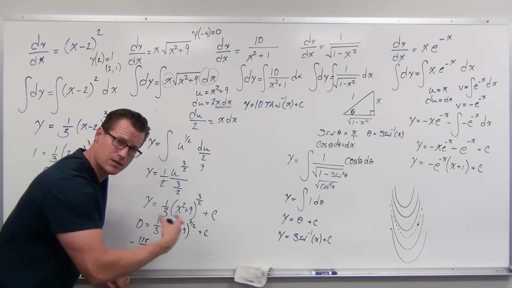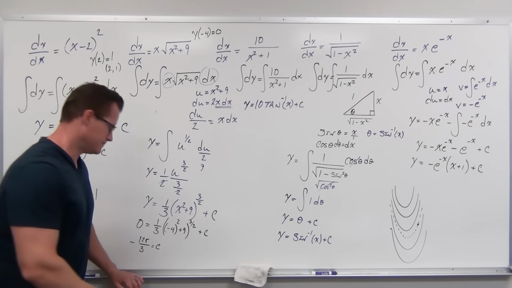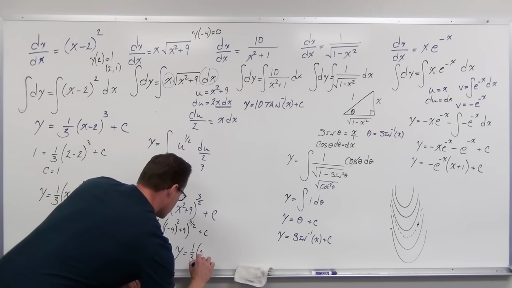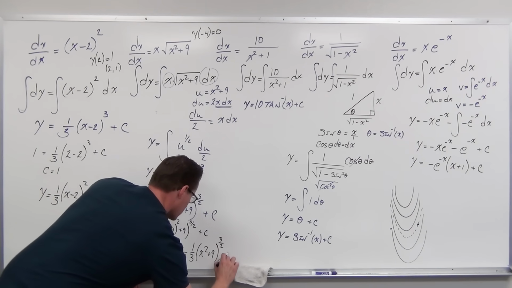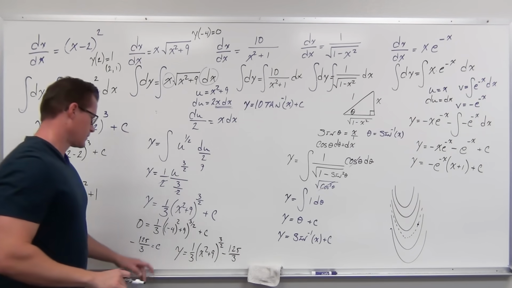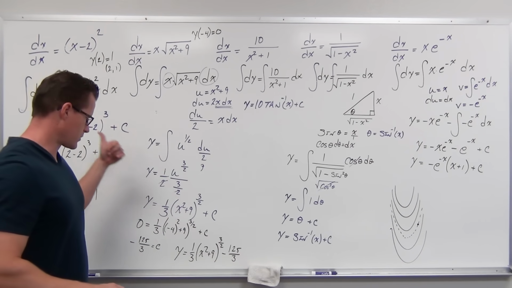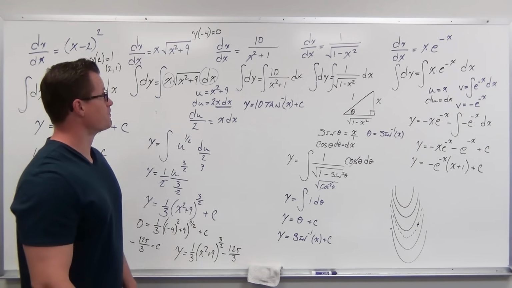If I subtract it on both sides, we get a really awkward C. Check that again. 25 square root is 5 cubed, 125 over 3. Subtract both sides, we now know C is negative 125 over 3.